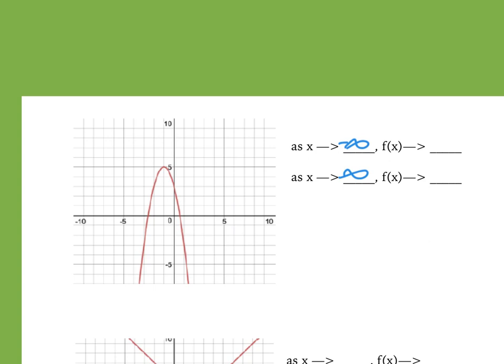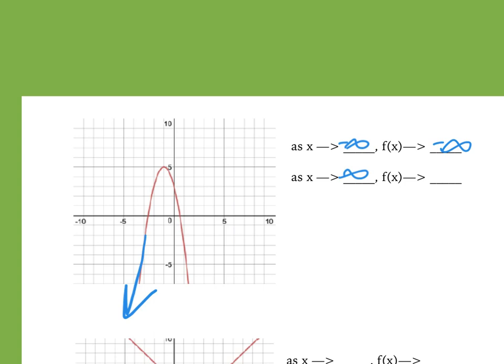Okay, so as x goes to the left forever, where's y going? Down forever, which is negative infinity. Does everybody see that? So as I'm going to the left with x, y is going down.